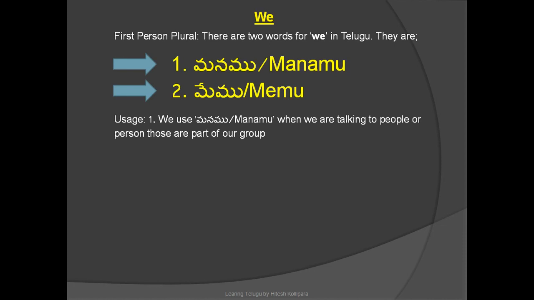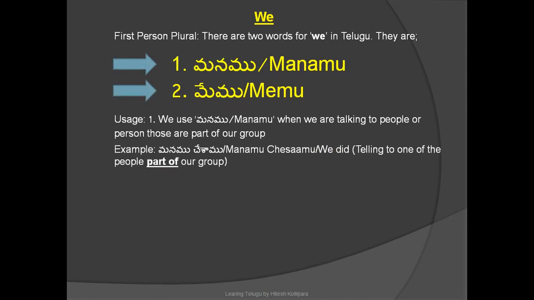You both have completed the project together, right? So you should translate that "we" as "manamu" in Telugu. Here is the example. Manamu చేశాము. See the sentence in the bracket, telling to one of the people or persons part of our group.